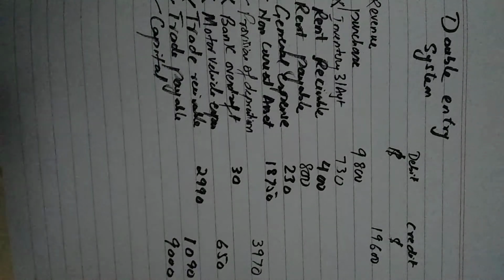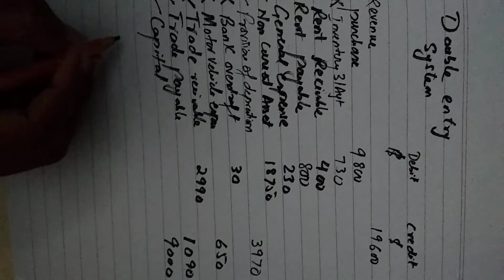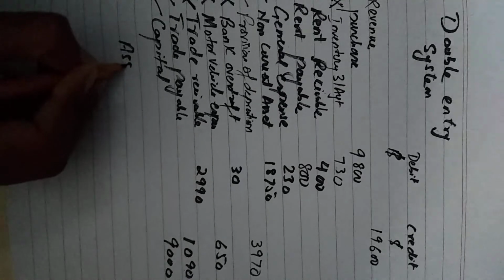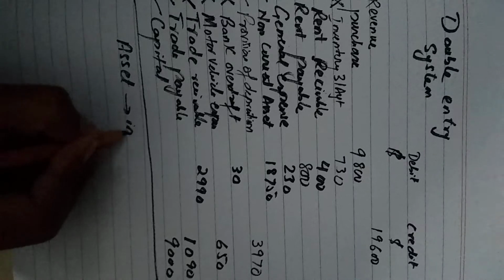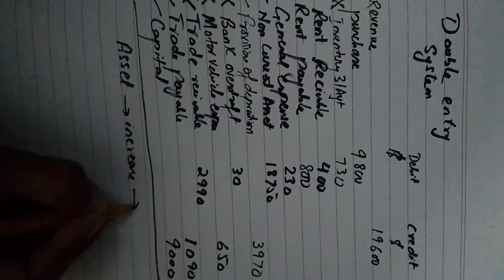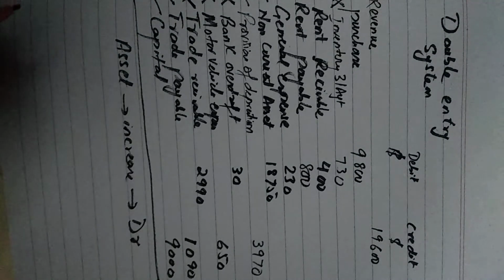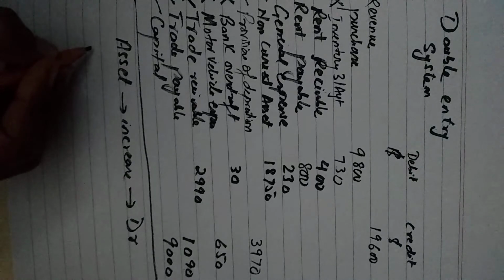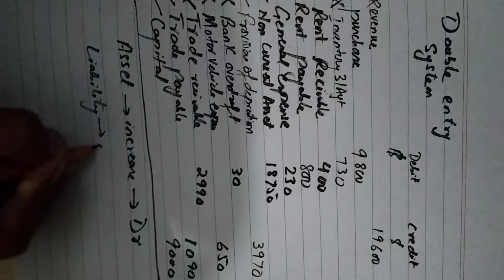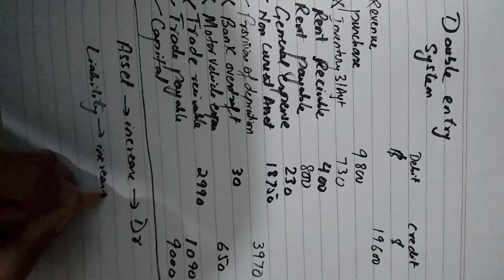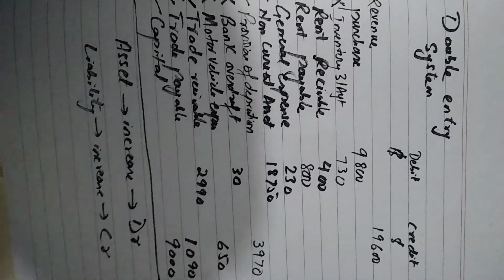So how do we solve this? When assets increase, they are recorded on the debit side. When liabilities increase, they are recorded on the credit side.